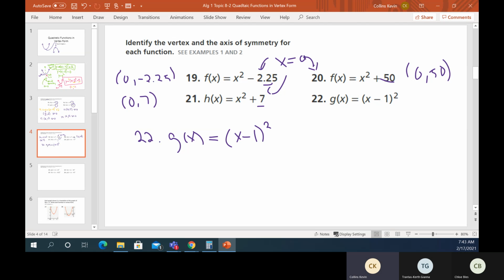So just for now, till we get used to it, we're going to say plus 0. Okay. So what's the vertex of this one? Remember the way that we do this is we change the sign on the number that's with the x, and we leave the other number alone. So what's our vertex here?